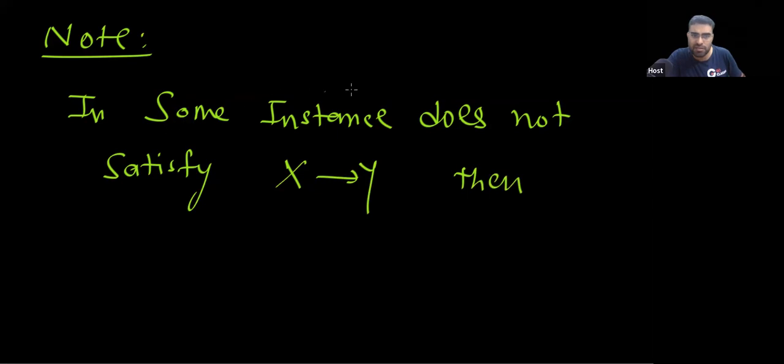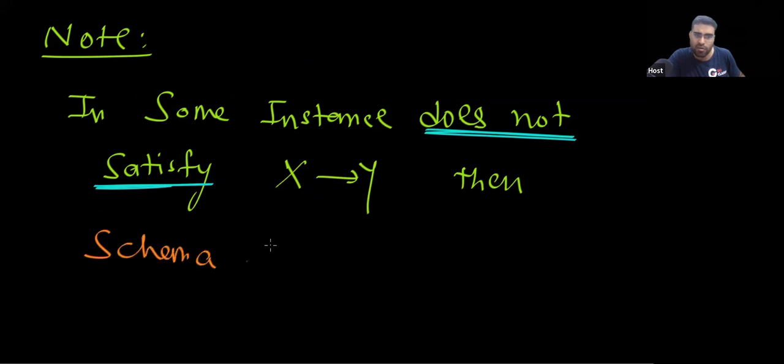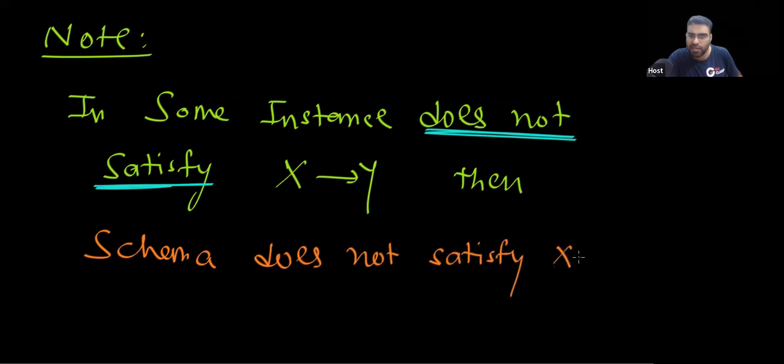If there is some instance which does not satisfy, then I can say the schema also does not satisfy X determining Y. Yes or no? Is this clear? Please tell me. Let me know. So very simple point.